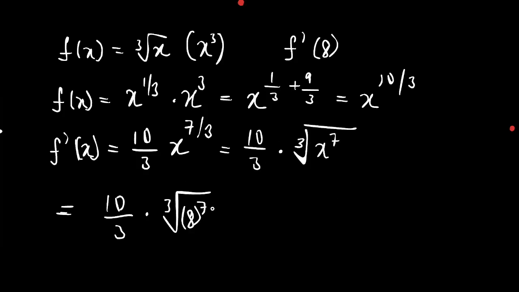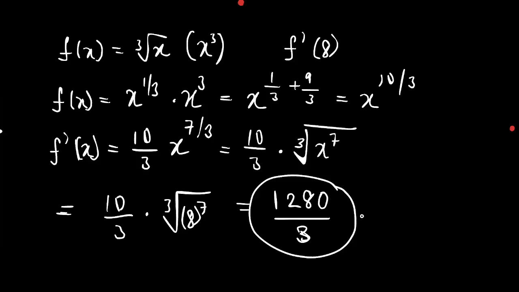And if we do that, and you plug this into your calculator, you'll get an answer of 1280 divided by 3. This is going to be our answer. This is our slope for our function at x equals 8.